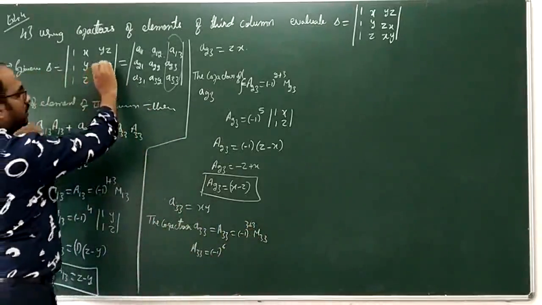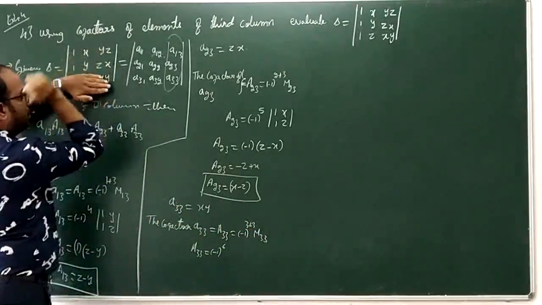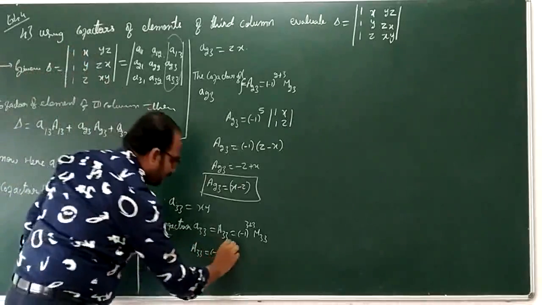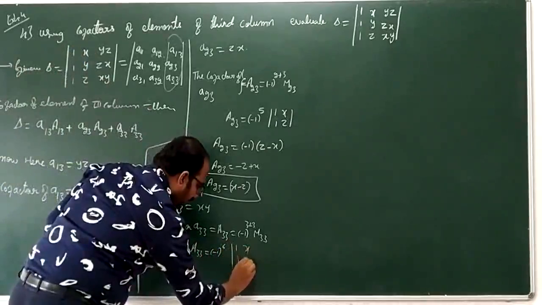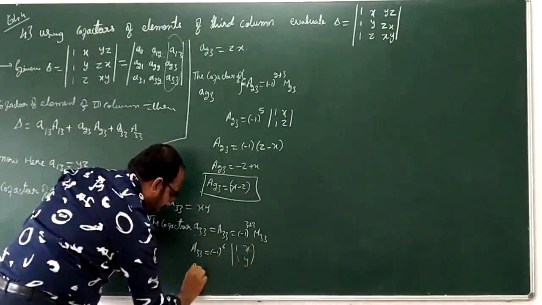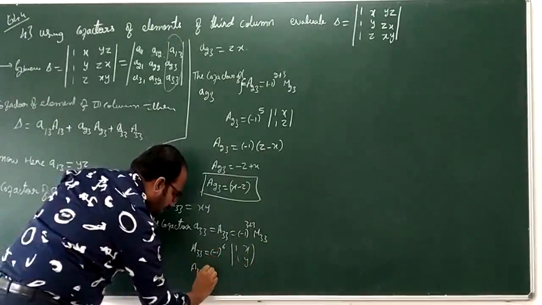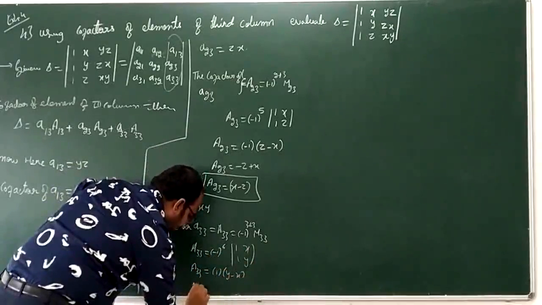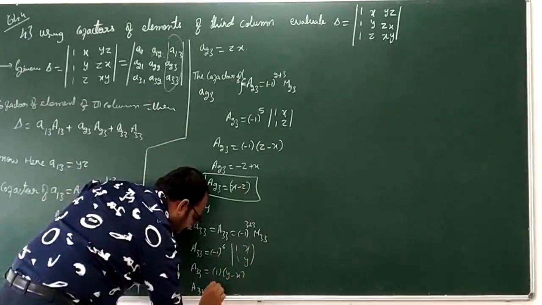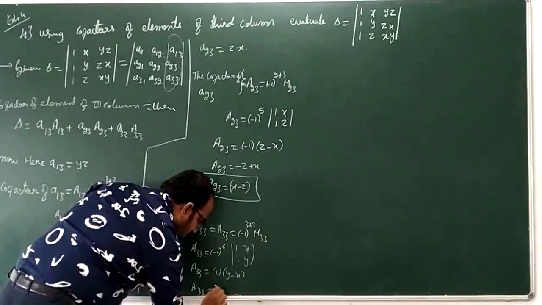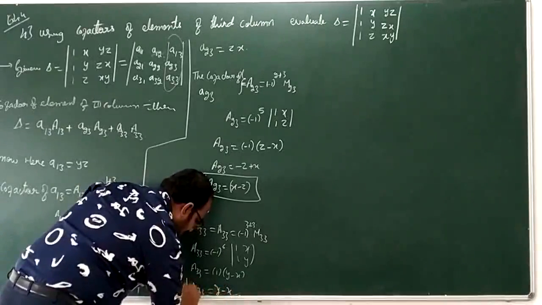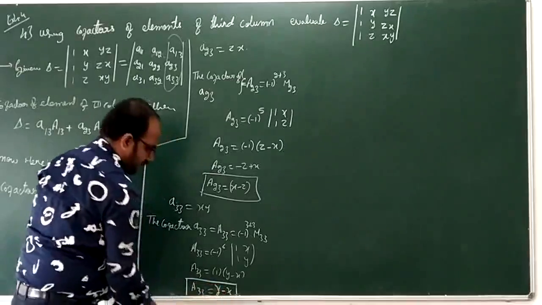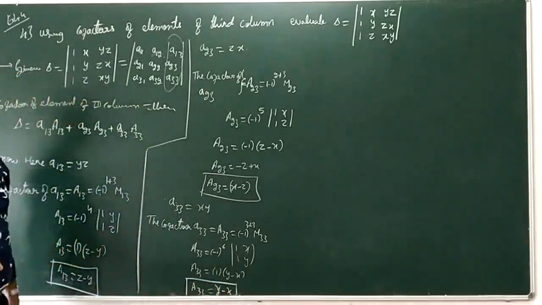Deleting the third row and third column, the values are 1x, 1y. The power is even, so its value is 1, and 1 into y minus x. Therefore the cofactor of a33 is y minus x.